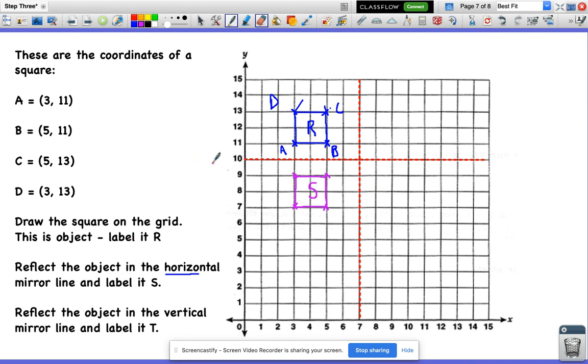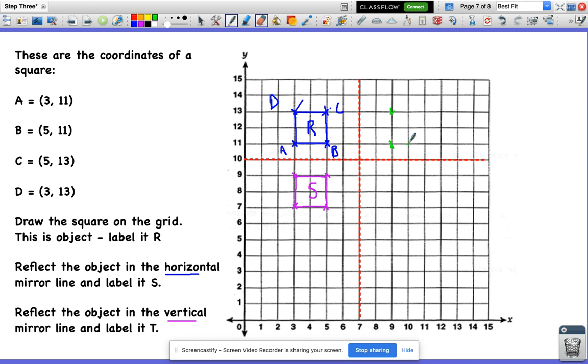Reflect the object. So again, you're going back to this. This is the object. S is not the object. S is a reflection. So R is the object. Reflect it in the vertical mirror line and label it T. Our vertical one is the one that goes up or down. Again, I'm just going to change the color. So now C is 2 away. B is 2 away.